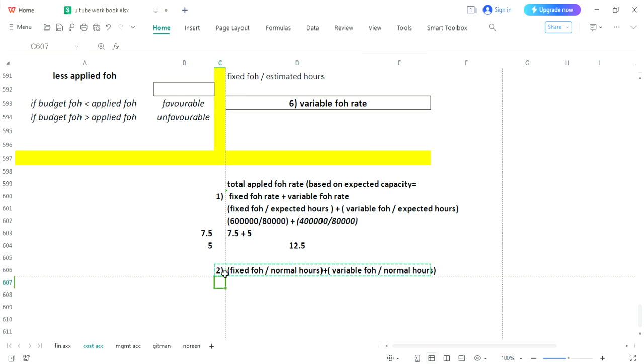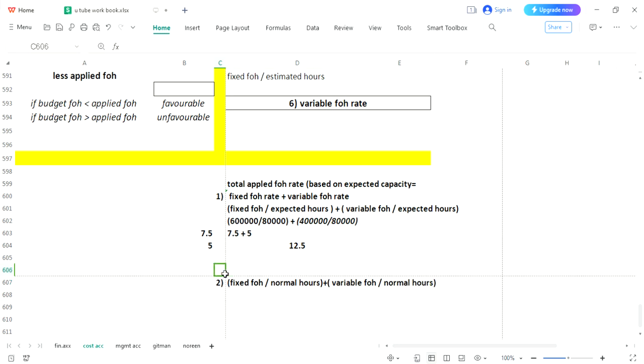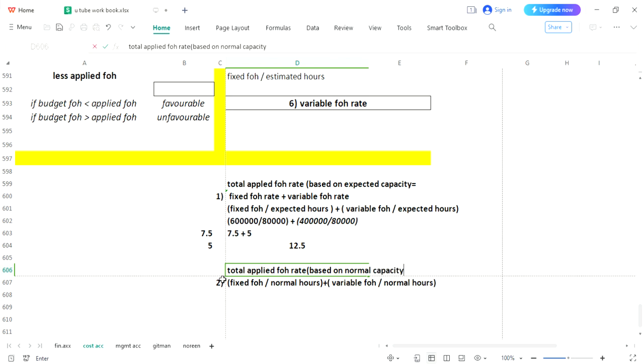Now we are calculating total applied FH rate, but it is based on normal capacity, and this would be equal to, the formula is the same.